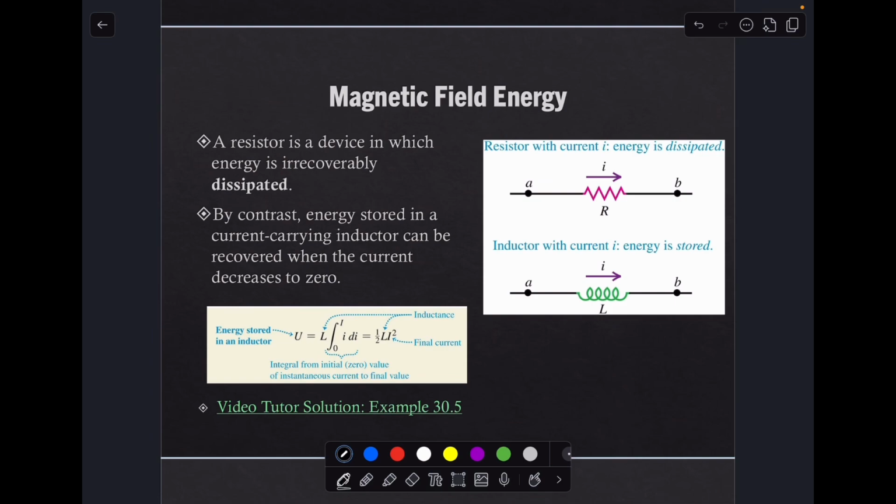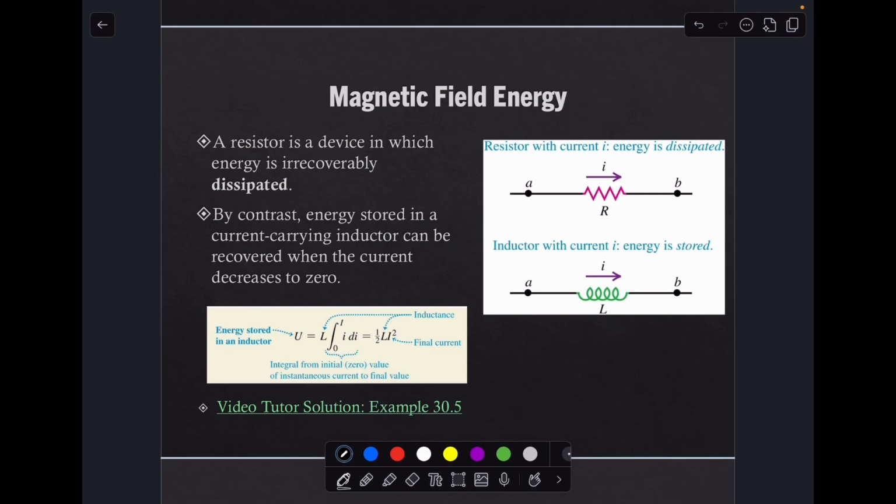Let's say it goes from 0 to I. Well, how much current has actually passed through L? How do we figure that out? Well, we integrate I from 0 to I. That becomes I squared over 2. That is the energy stored in an inductor.